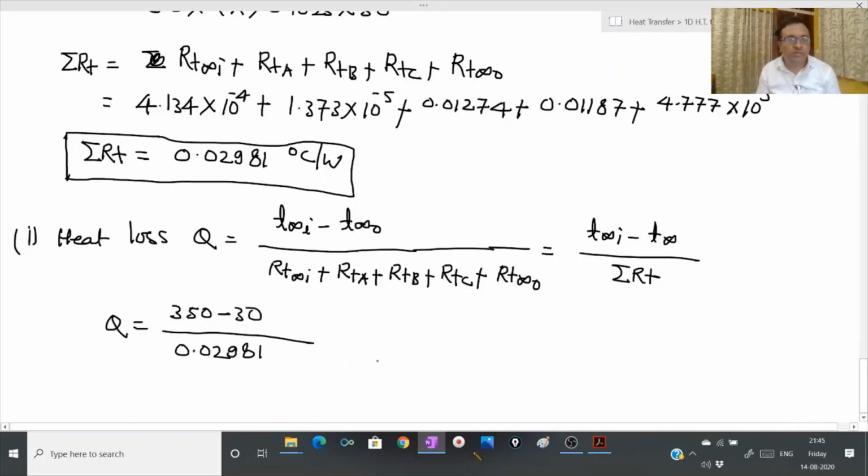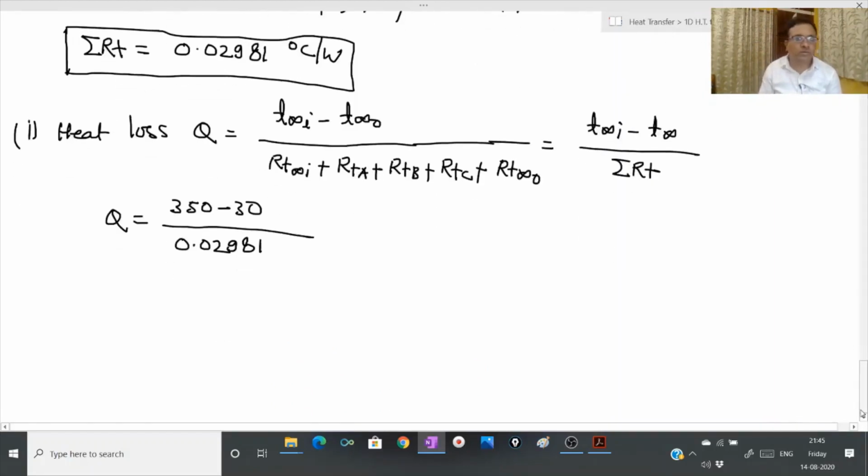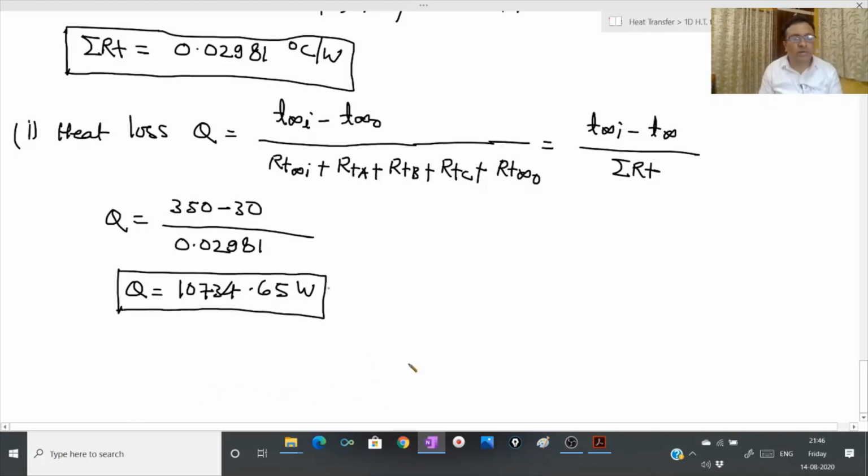So this value comes out 10734.65 watt. So this is the steady loss from the steam pipe, and this is answer number 1.